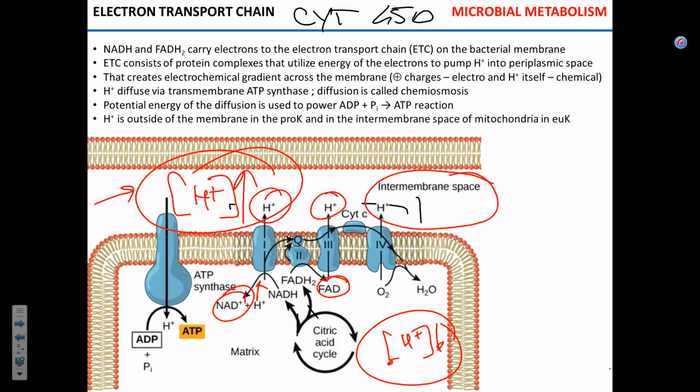Now, these two, NAD plus and FAD, where do they go? Correct, back to the Krebs cycle and back to glycolysis. They've been reused. Does that make sense? All right, we created the gradient.